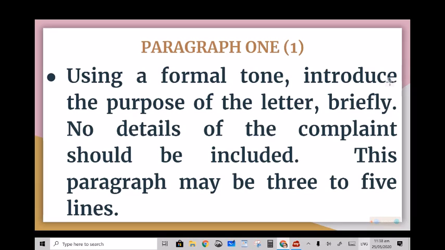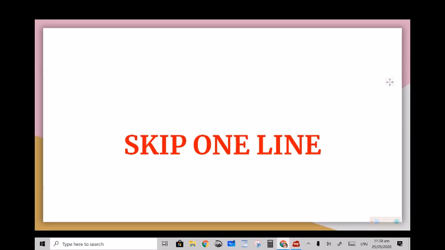So using a formal tone, introduce the purpose of the letter briefly. No details of the complaint should be included. This paragraph may be 3 to 5 lines. It can actually be a short paragraph. It does not have to be a long paragraph. Again, you skip one line. This is to separate your paragraphs. Again, instead of indenting for the block style, we skip a line.